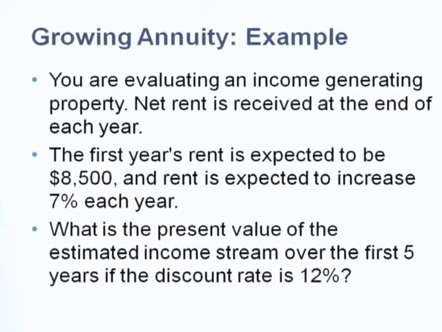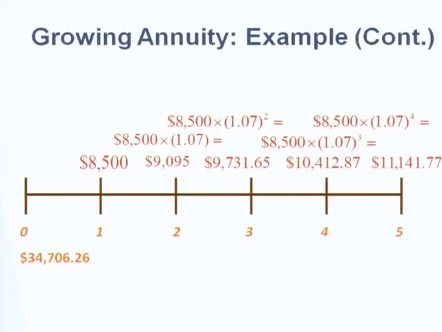What is the PV if the interest rate R is 12%? You can use the formula and you get the answer 34,706.26. 8,500 is the first PMT and it grows at 7% every year until year 5, so you use the formula and get that number.